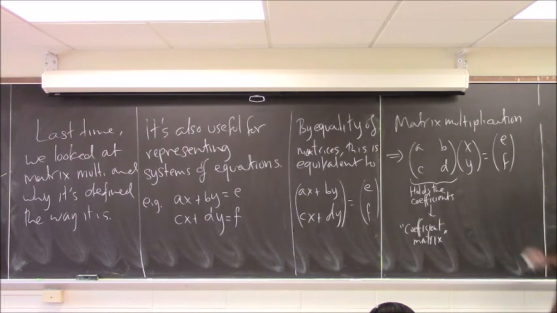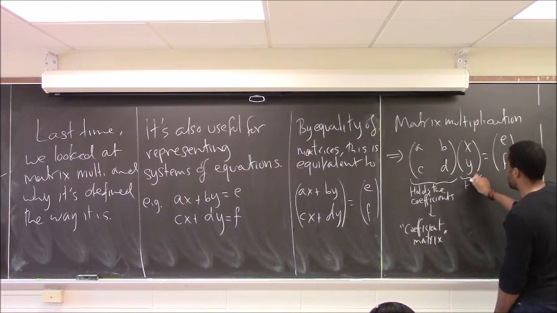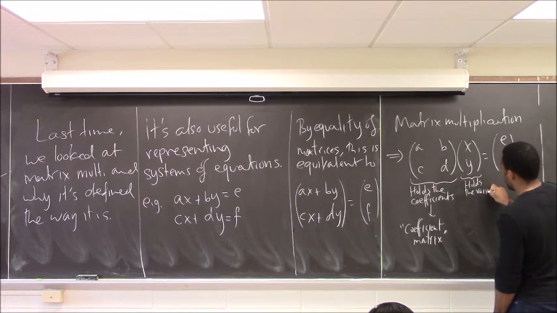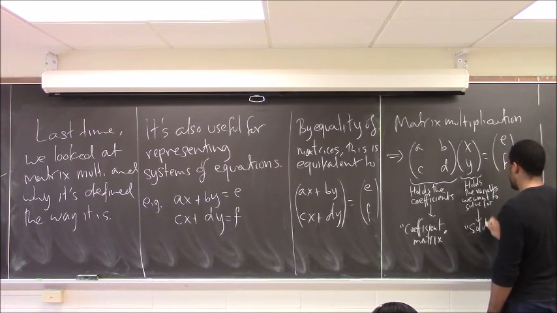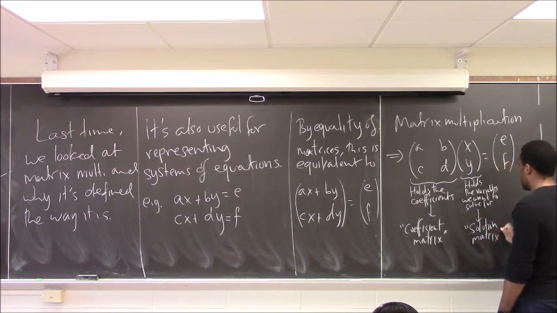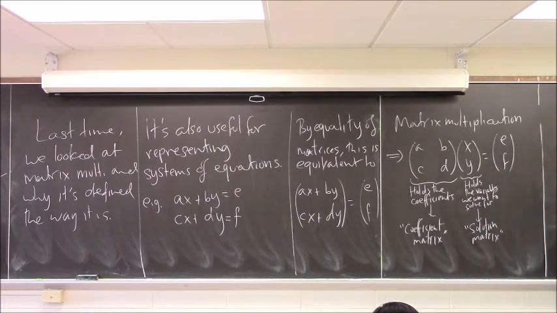You'll notice that this guy here holds the variables we want to solve for. So this guy is called the solution matrix, because ultimately, if you want to solve the equation, you want to solve for this guy, and that's going to be your solution.